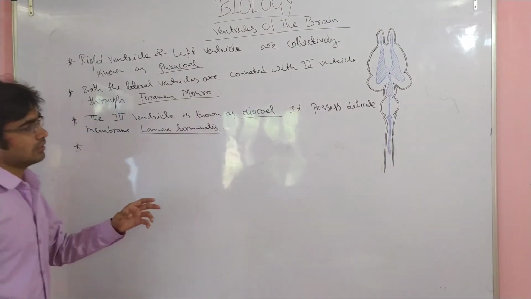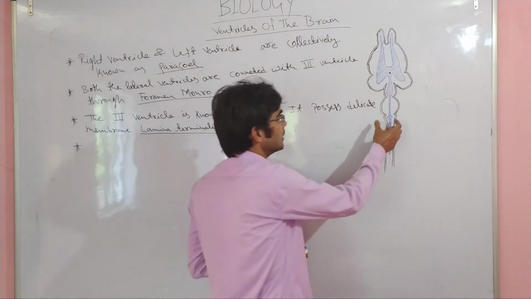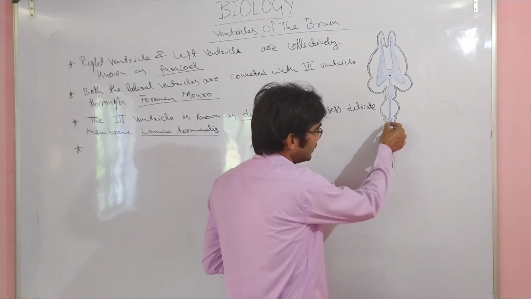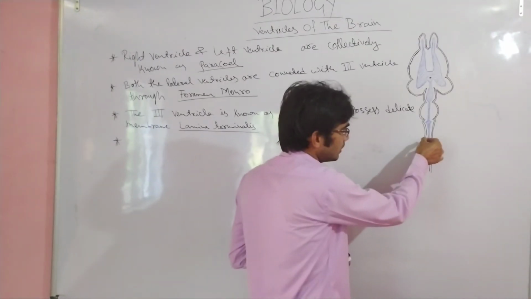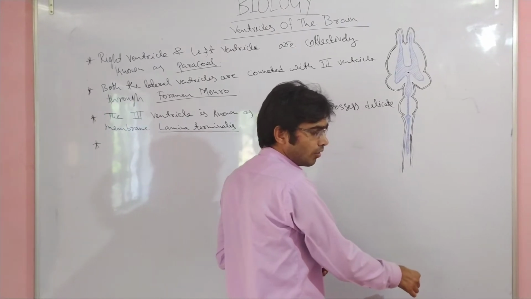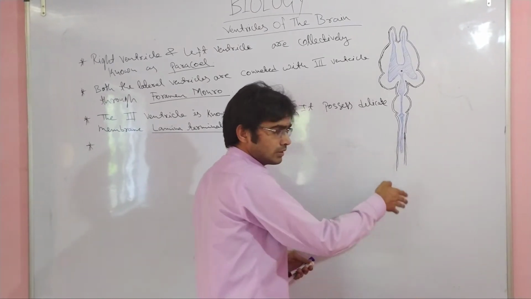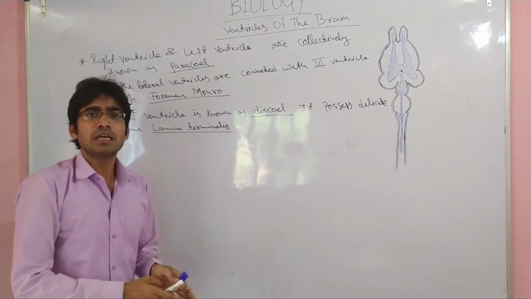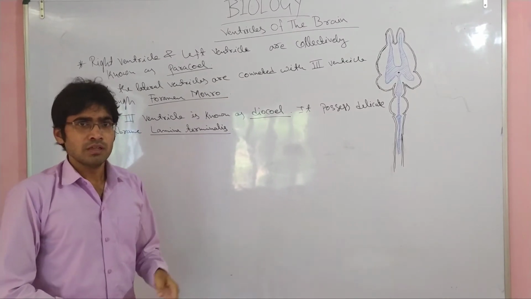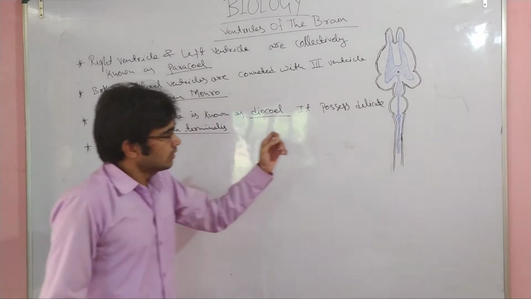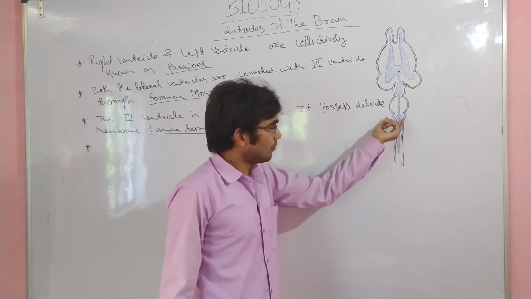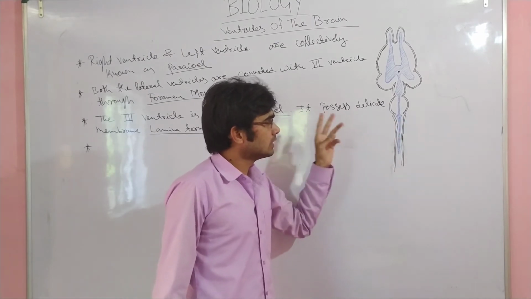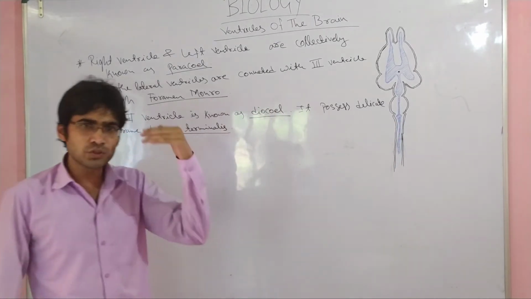The fourth ventricle is present in the medulla oblongata, which continues through the spinal cord, and this forms the central canal in the spinal cord. The metacele, the fourth ventricle, has three openings on its roof.